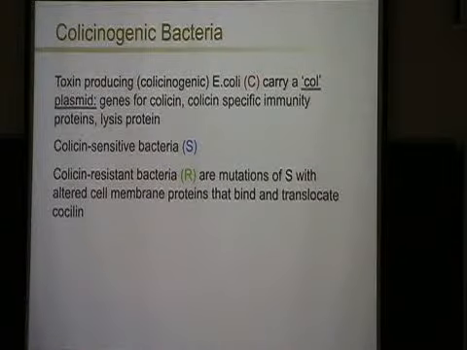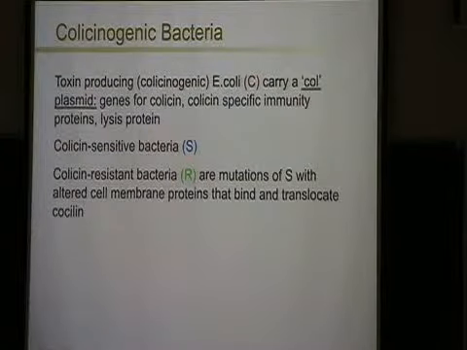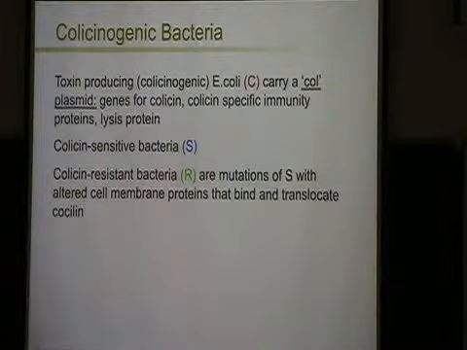So they no longer take up the poison, that's why they're resistant, but they pay a price. Those membrane proteins are also responsible for nutrient uptake, so they can take up fewer nutrients and grow slower than their competitors, which are sensitive to the toxin.